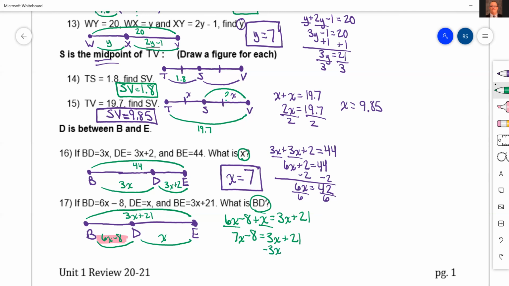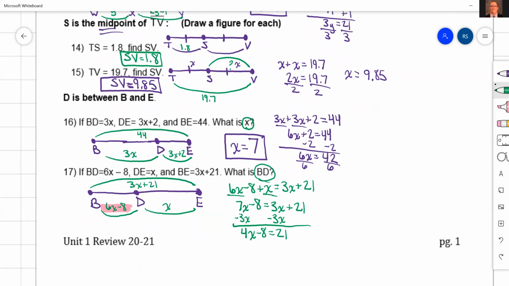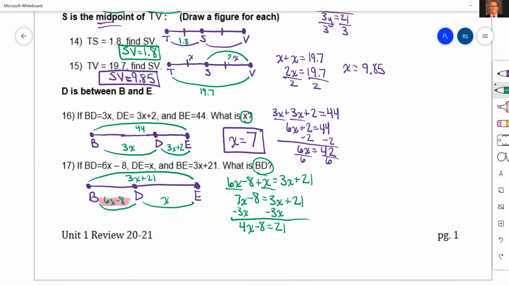Subtract 3x. 7 minus 3 is 4x minus 8 equals 21. Almost out of room here on this first page. So I'm going to add 8. It's going to give me 4x equals 29.